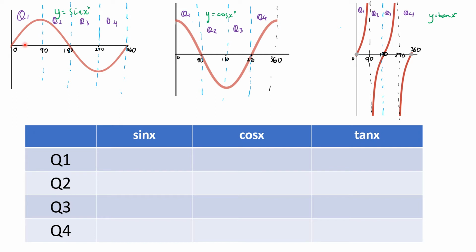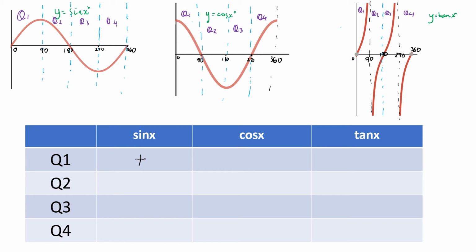For example, if I ask you for sine of 70, I know that's going to be positive because it's above the x-axis. If you typed that into your calculator, you would get a value that's bigger than 0. If you type in sine of anything between 0 and 90, you're going to get a positive answer because it's above the axis. So in quadrant 1, sine is positive.